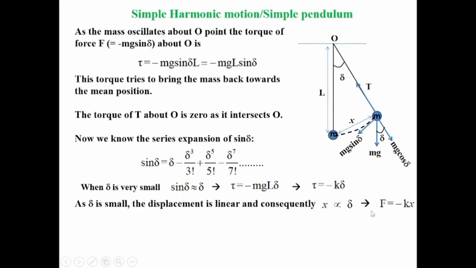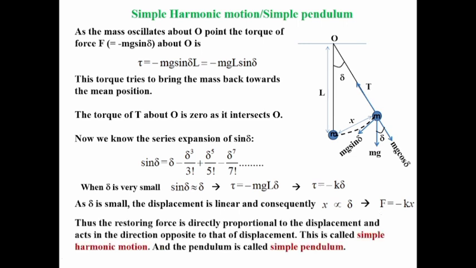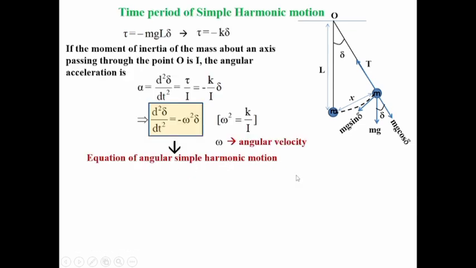So the force F will be minus kx, because sin delta is delta and x is proportional to delta. Thus the restoring force is directly proportional to the displacement and acts in the direction opposite to that displacement. This is called simple harmonic motion, and the pendulum is called the simple pendulum.